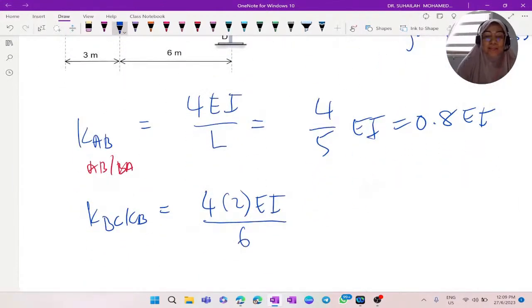It is 8 divided by 6, which is equivalent to 1.333 EI. Let me check. Correct. So this is K for member BC.